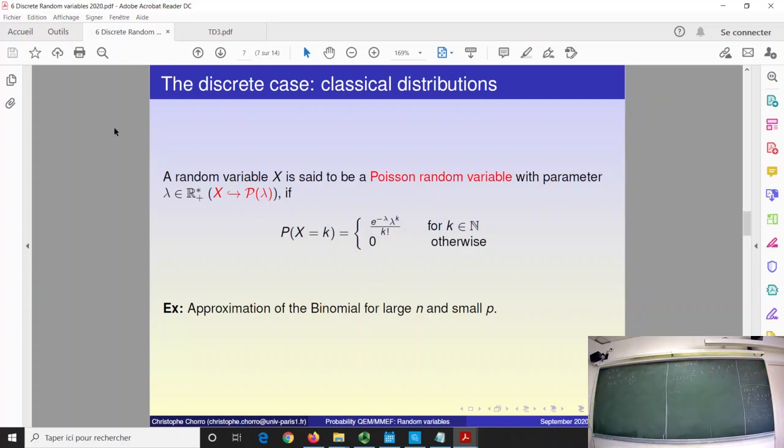So a priori, what I want to compute in this situation is the sum from k equal to 0 to plus infinity of the possible values, the k, multiplied by the probability that X is equal to k.